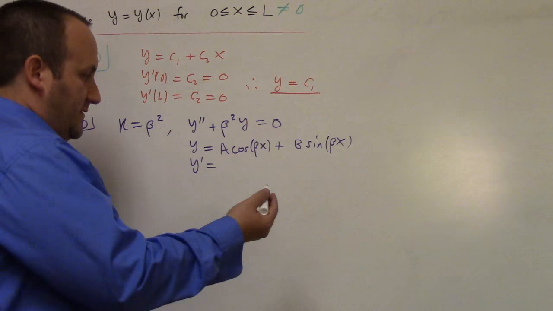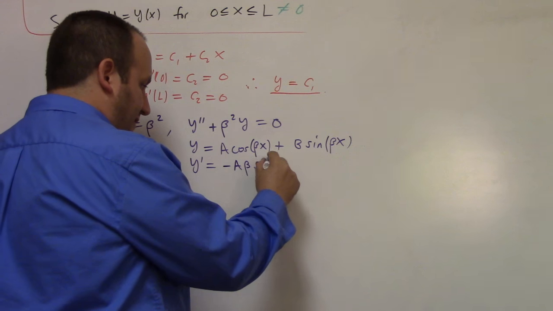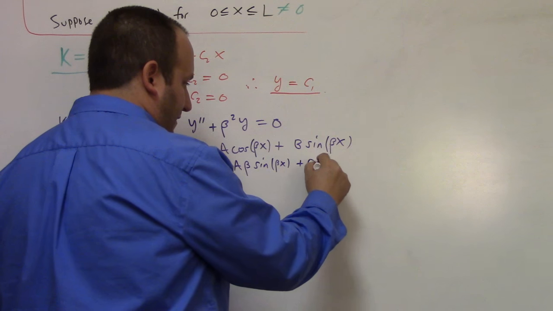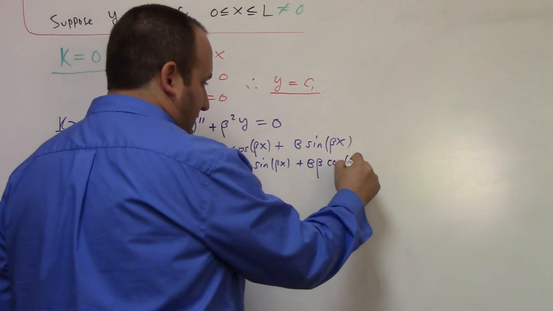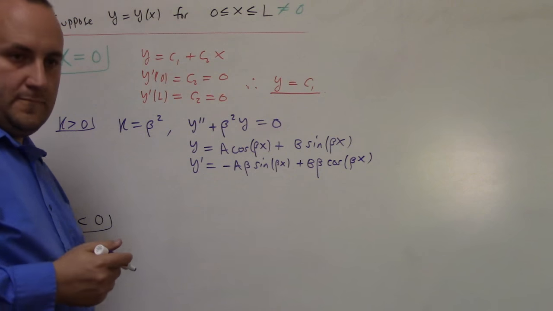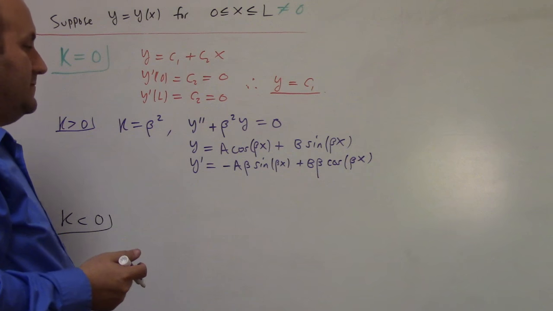So y prime then is what? It's minus a beta sine beta x, plus b beta cosine beta x. Now we plug in our conditions.